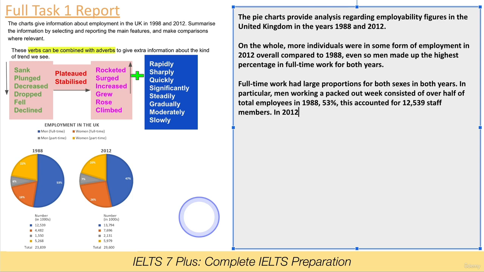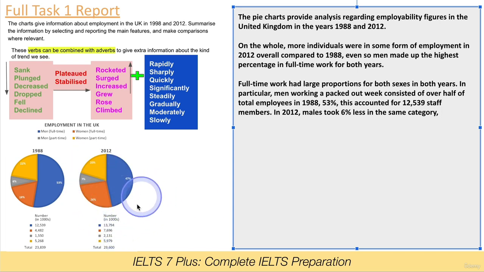Why not? In 2012, males took 6% less in the same category. So there was actually more people.